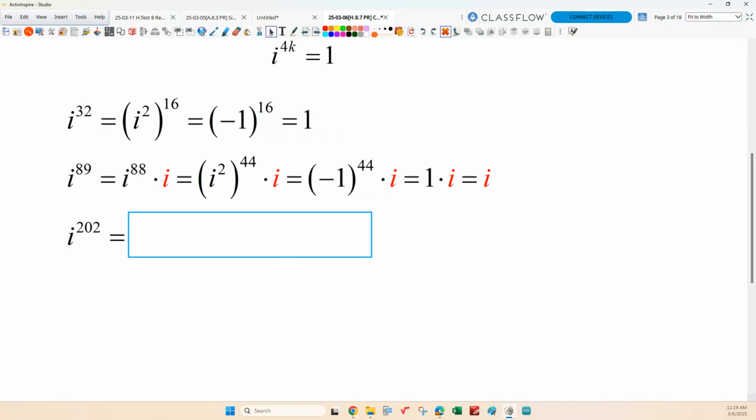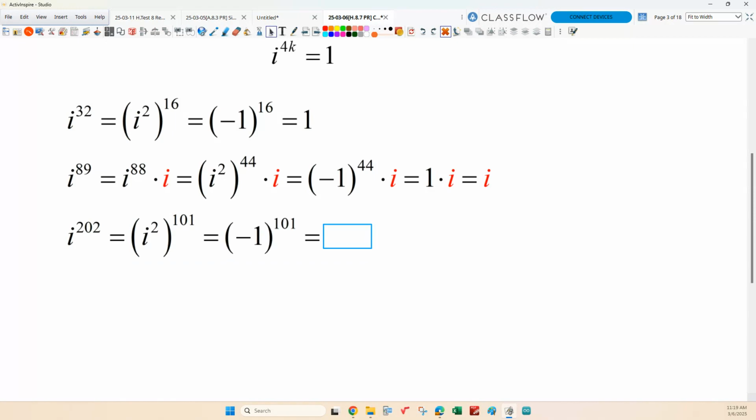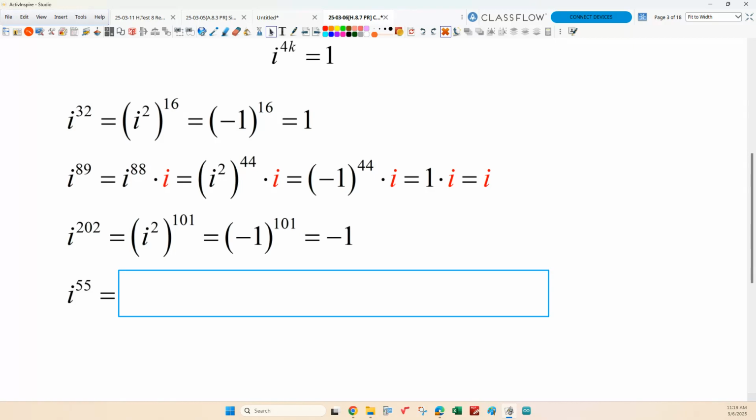If it's an even power of I, then it's going to be negative 1 to half of that even power. I to the 202 is the same as I squared to the 101. So that's negative 1 to the 101. Negative 1 to an odd power is negative 1. So you see the pattern? If I have I to an even power, I'm getting one of those two results.